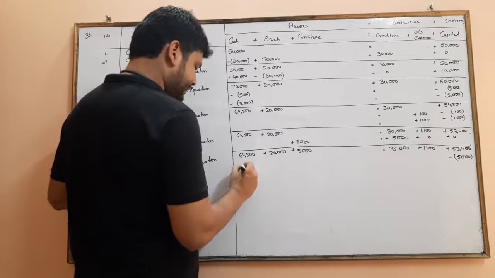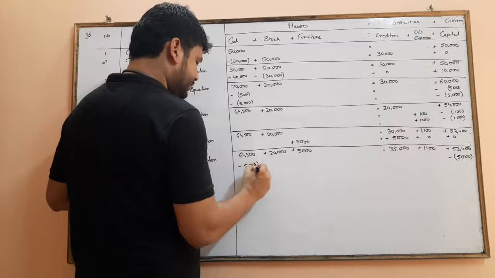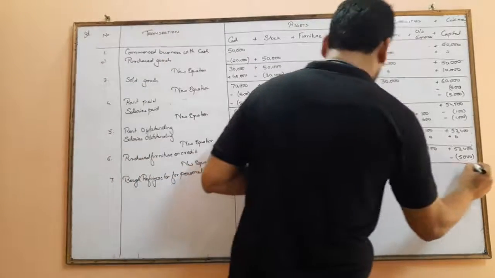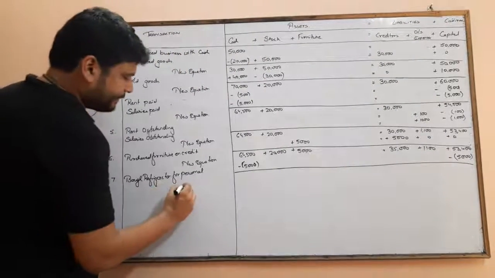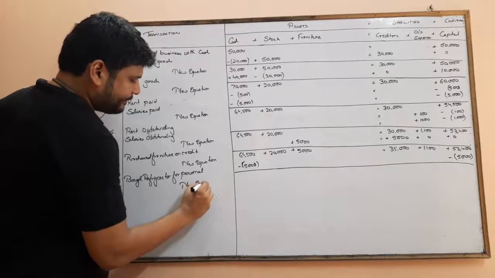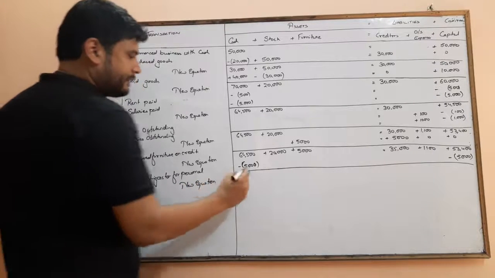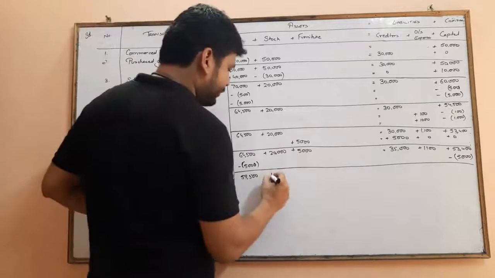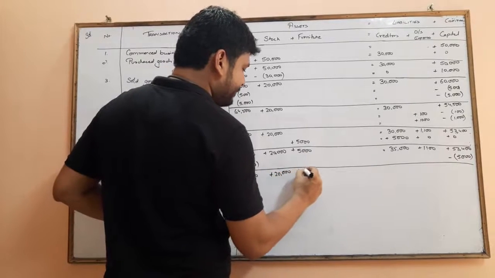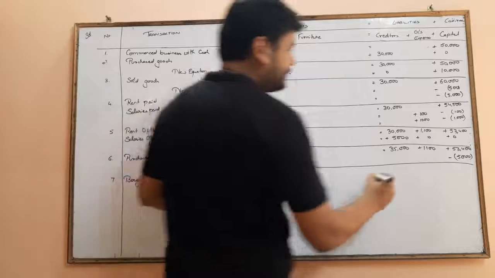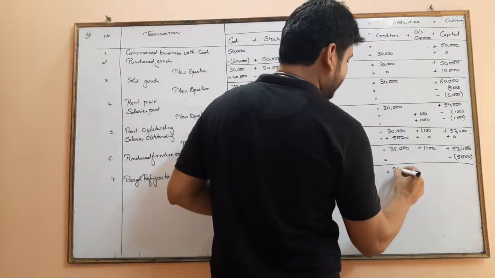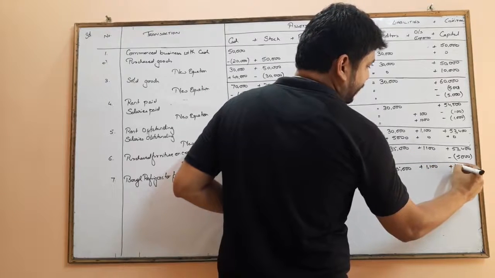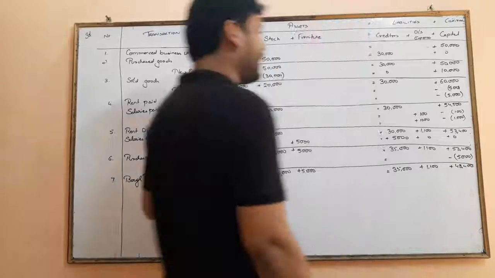So minus 5,000 from the cash. After this transaction, the new equation will be 59,500 cash, stock of rupees 20,000, furniture of rupees 5,000, then 35,000 liabilities in the form of creditors, 1,100 outstanding, plus 48,400 will be your capital amount.